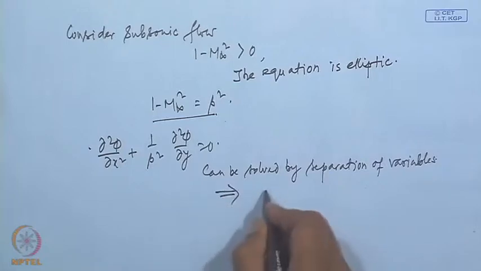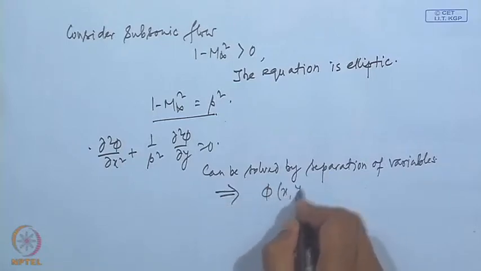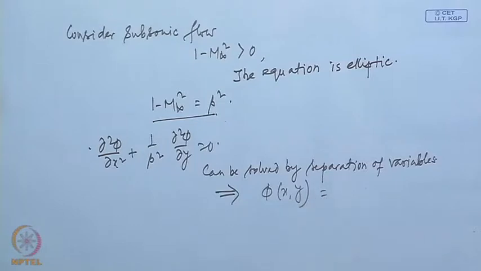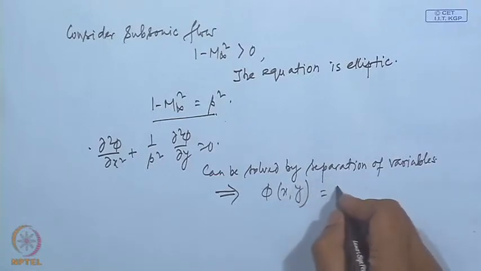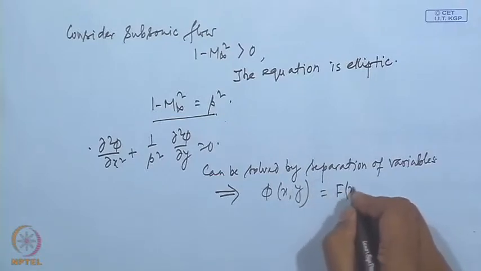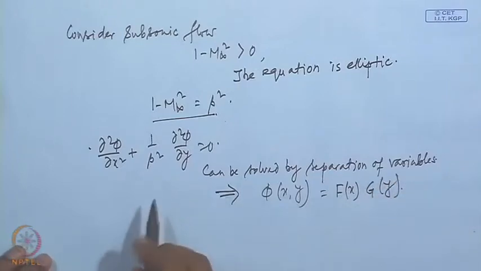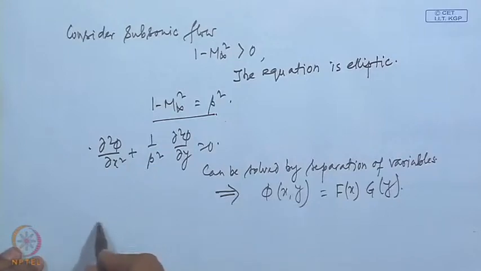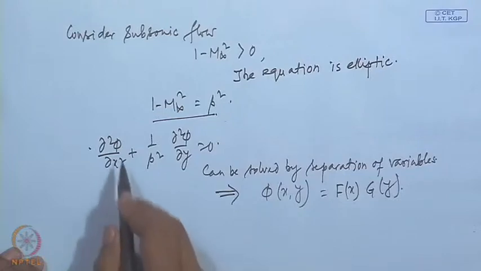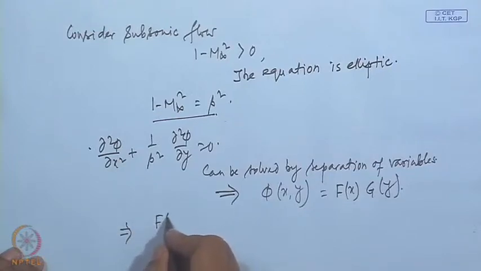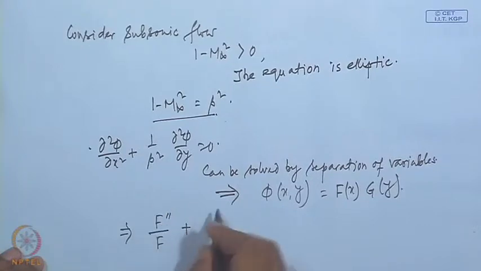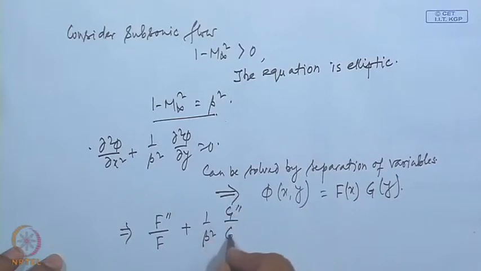Which says that phi, which is a function of x and y, the perturbation potential, can be separated into two functions each of one variable, say f of x and g of y, and this when we substitute gives us f double dot by f plus 1 by beta square g double dot by g equal to 0.